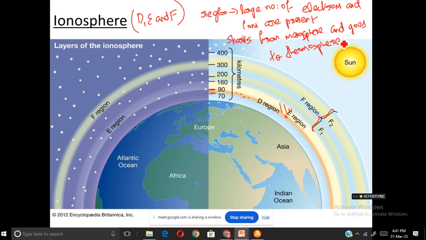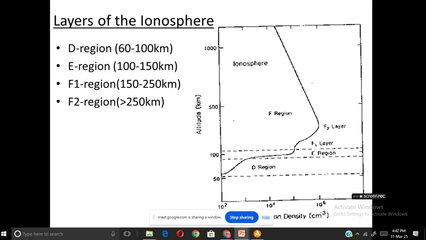And it has four different sublayers: D, E, F1 and F2. D is the lowermost layer, which extends from 60 to 100 kilometers. Then we have E, which extends from 100 to 150. Above that there are F1 and F2. F1 extends from 150 to 250, and F2 is greater than 250. So these are the four different regions in the ionosphere.